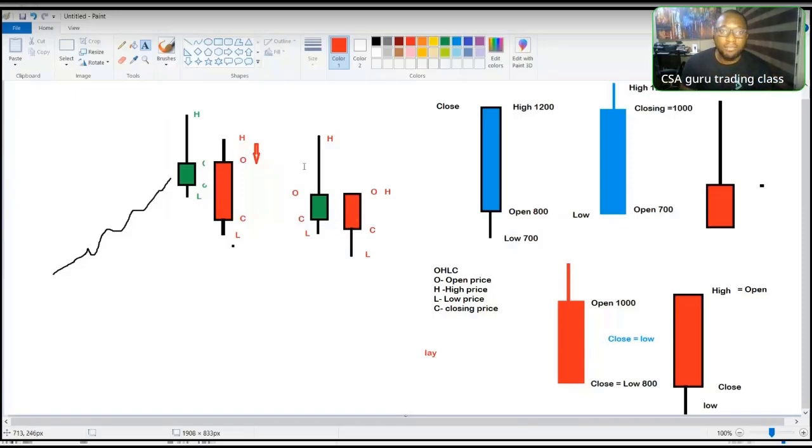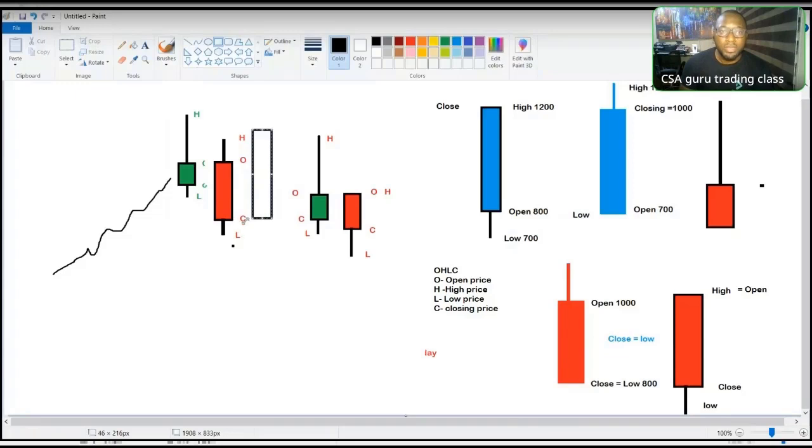Let's say we had a new candle now. Let's say we have a new candle here that opened after this one. Let me clear this. We have a new candle that opened after this one. This is what we call bullish engulfing.